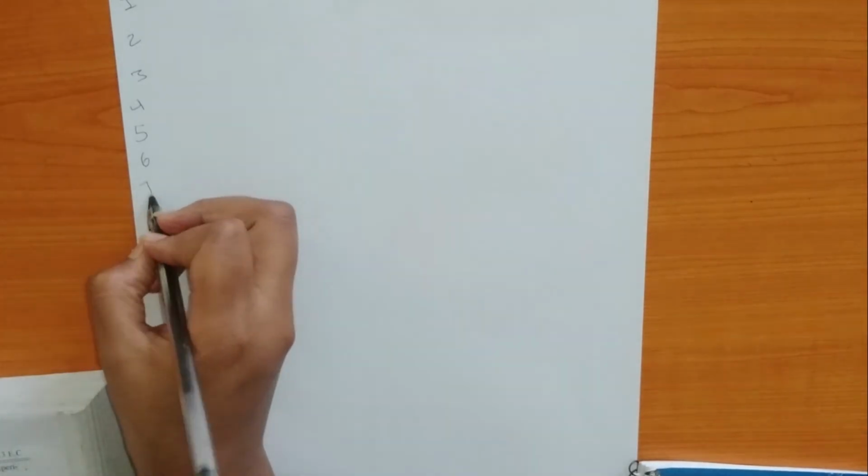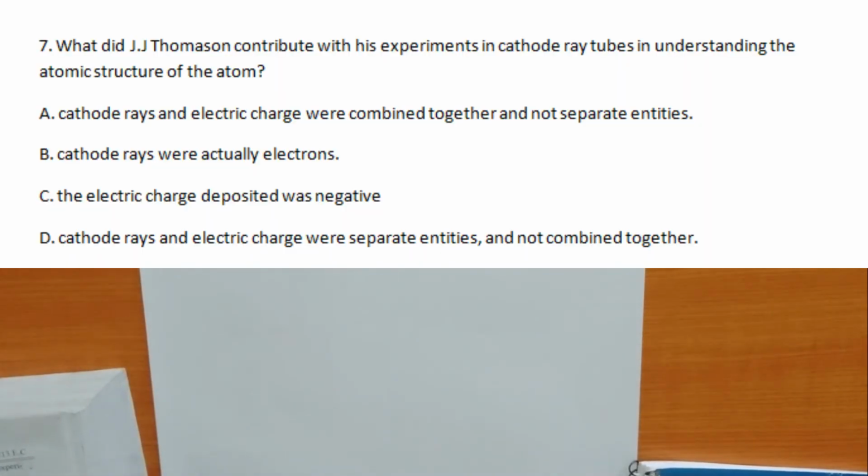Number 7. What did J.J. Thomson contribute with the experiment in cathode ray tubes in understanding the atomic structure of the atoms? A. Cathode rays and electron charges were combined together and not separate entities. B. Cathode rays were actually electrons. C. The electrical charges deposited were negative.